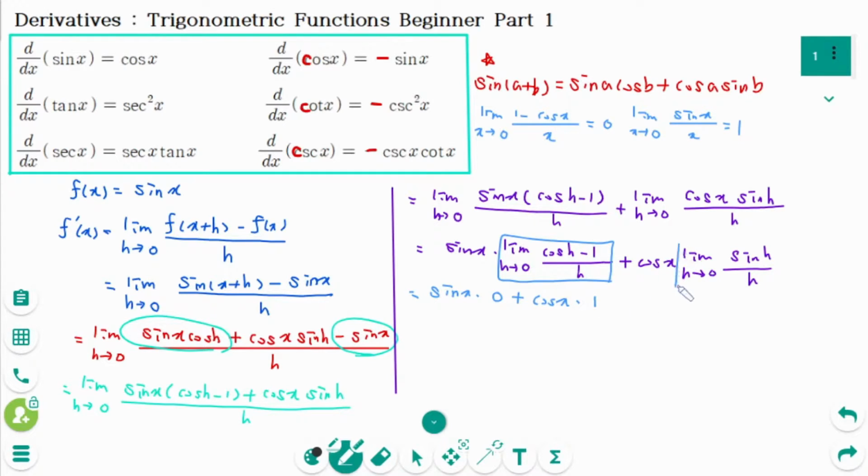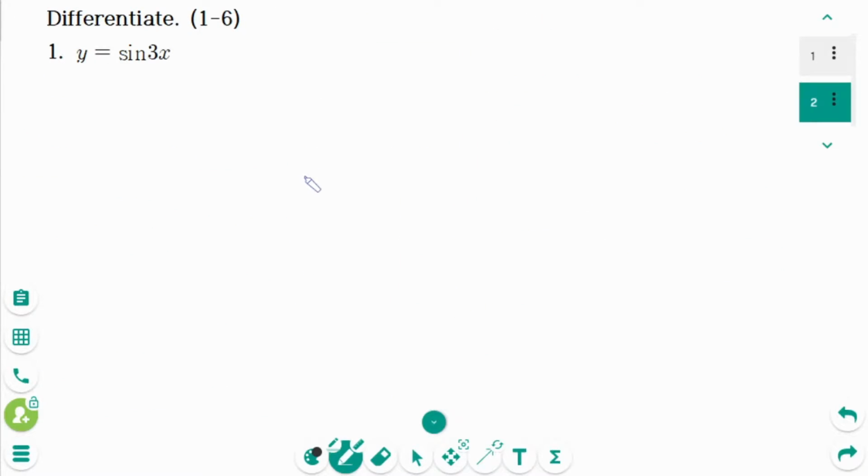So this part equals 1. Then cancelled. The answer is cosine x. Now we know sin x prime equals cosine x.